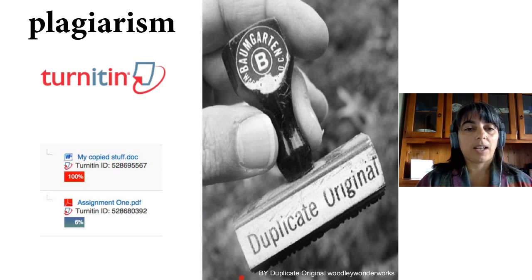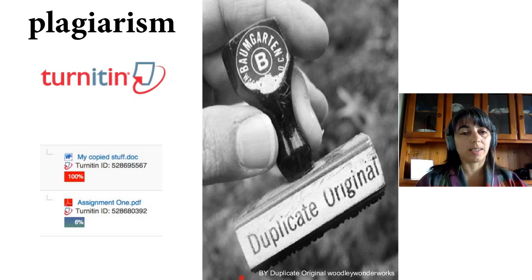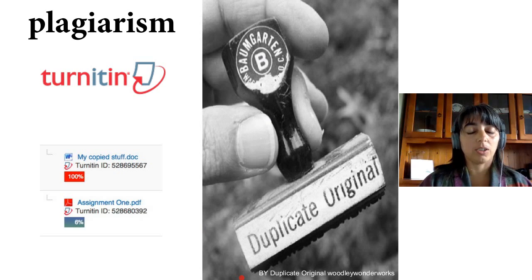We have Turnitin, so many of you have probably heard of Turnitin, so we've got that plugged in as well as the plagiarism add-on. Now, we don't use the Turnitin assignment activity. We just use the standard Moodle assignment activity, and so staff can choose to have Turnitin enabled or not on that one assignment.